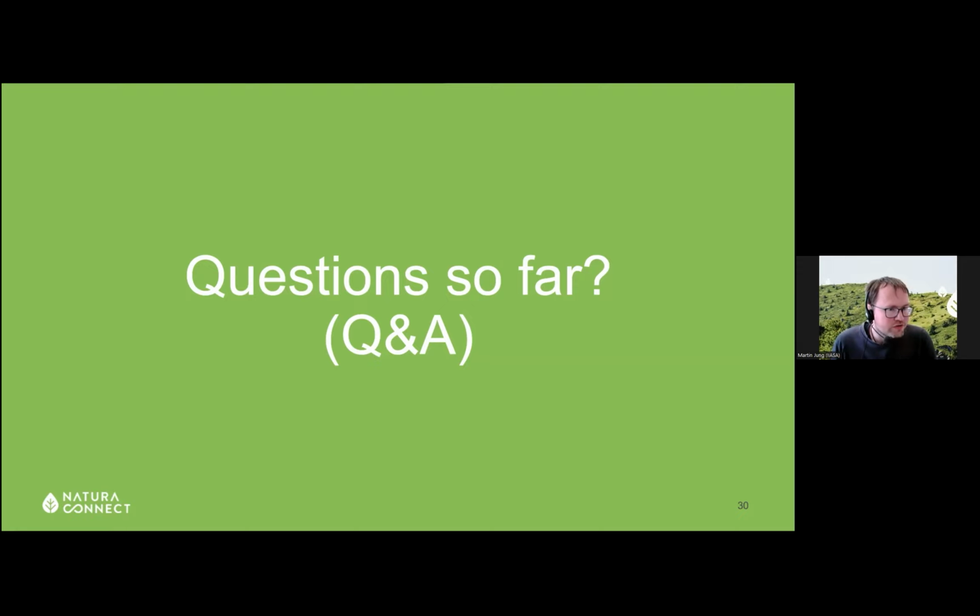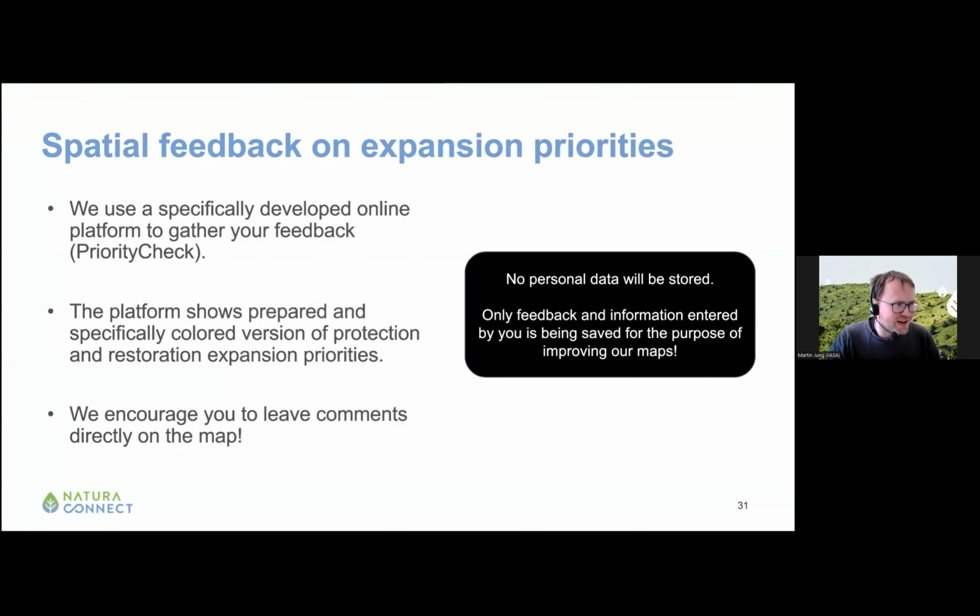Okay, so if there are no more general questions on the methods itself, then I think we can proceed, and I'm sensing this as a sign that everyone is very keen to look at the maps now. So we're now progressing to the next part of our webinar, which is the interactive part. As mentioned before, we want to get spatially explicit feedback on the expansion priorities.